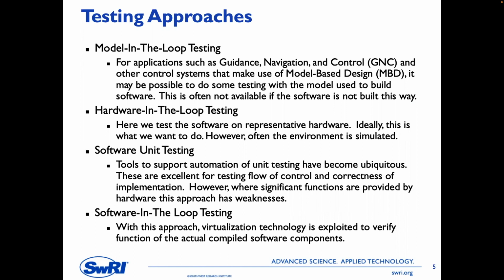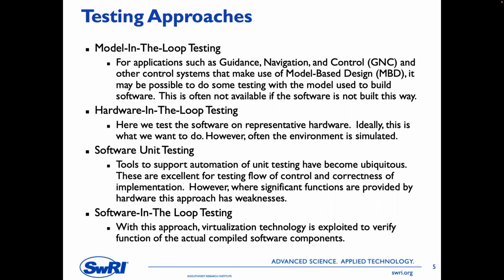This is a good first step, but it's not testing the flight software that will be put on the actual spacecraft. So it's not a final test. It's just a good early test.